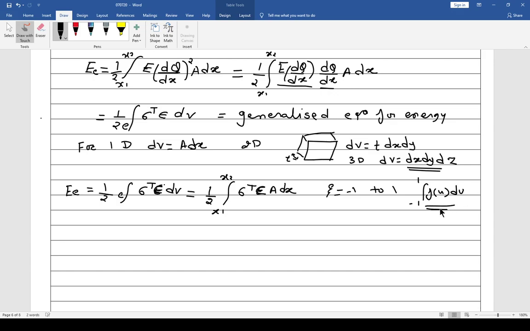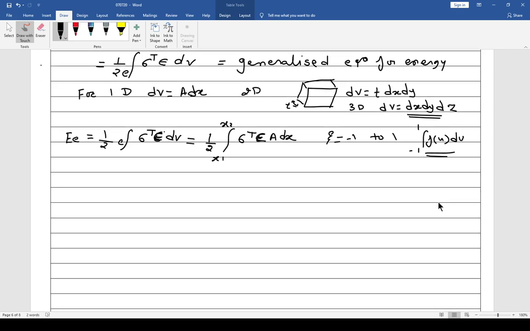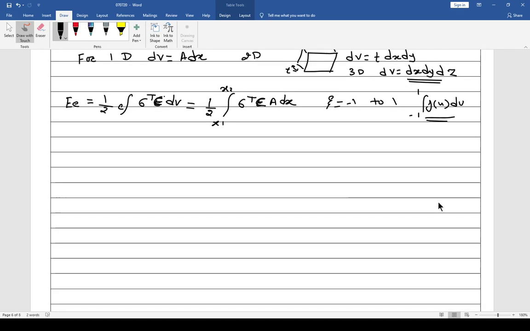So I can solve this with a simple formulation, and it is easy to code. I can create a program where the limit is -1 to 1 and that is applicable for all the elements. Only one function is going to serve all my purposes, rather than handling different limits of integration. That is the purpose of having a local coordinate system.